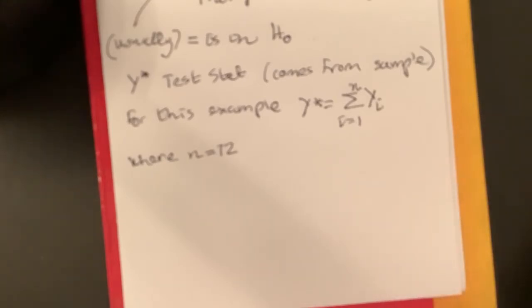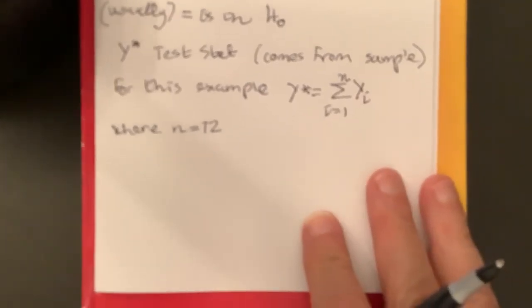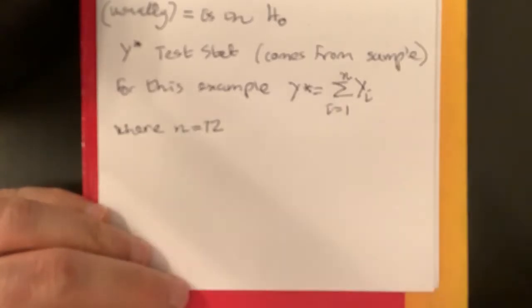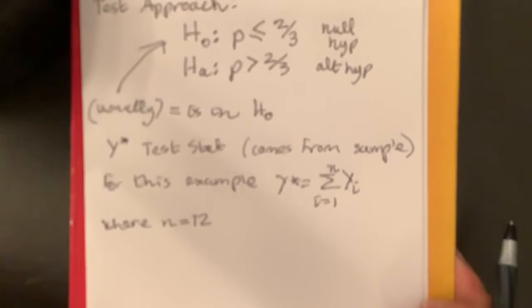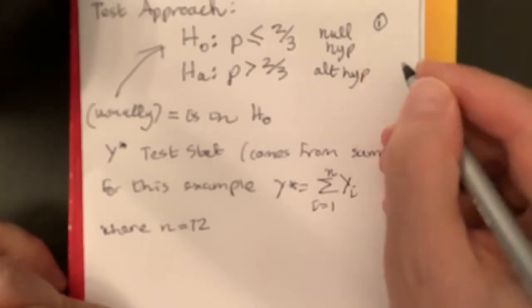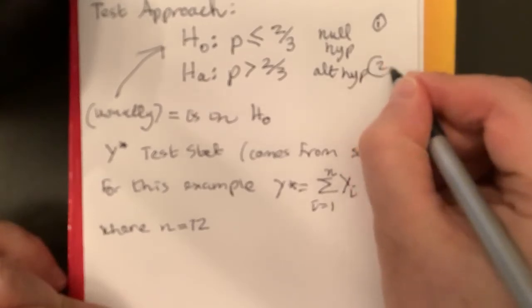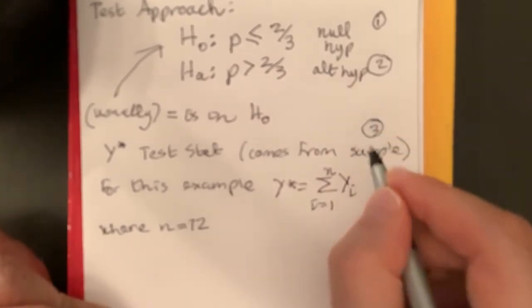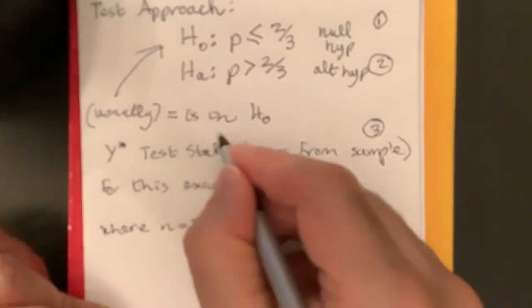Okay, well, if that's true, if n equals 12, then this is going to be my test statistic, the last element of the test. So there are 4 elements of the test. 1 is the null hypothesis, 2 is the alternative hypothesis, 3 is the test statistic. I should put it over here, 3.